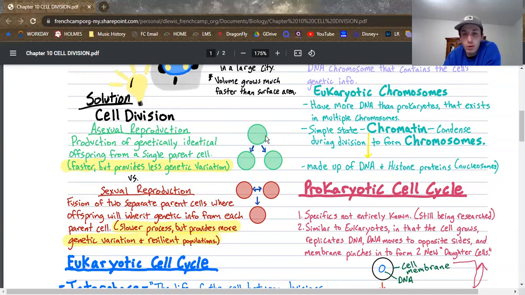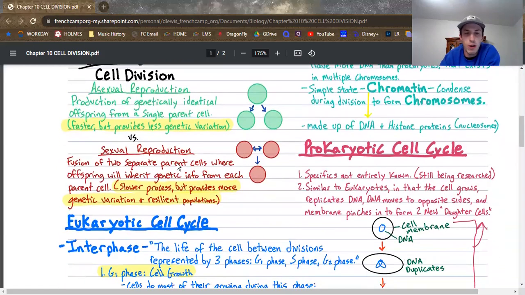This version of reproduction is faster, but it provides less genetic variation, meaning that you're going to make a numerous amount quickly, but in the end, it's not as resilient. It's easier to wipe out that population versus one that's not done asexual reproduction.